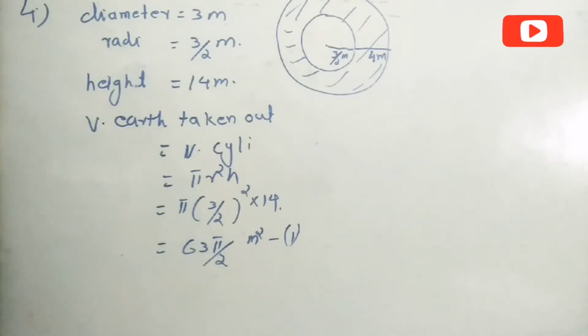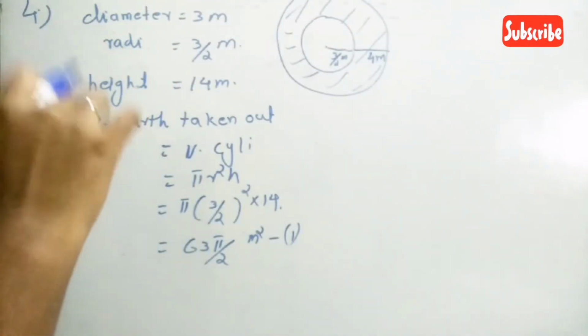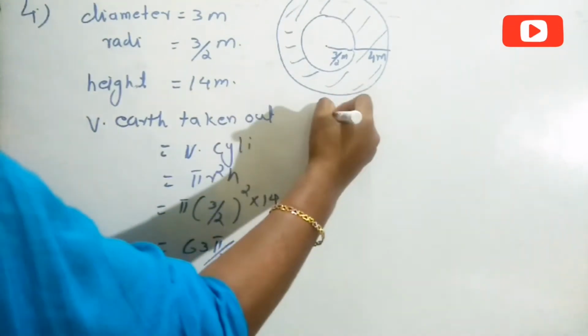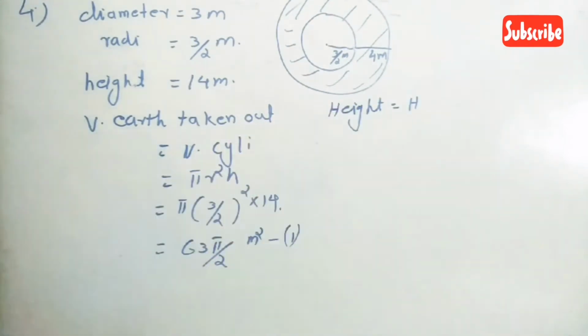That height and the embankment height should be equal, so let that height be h.